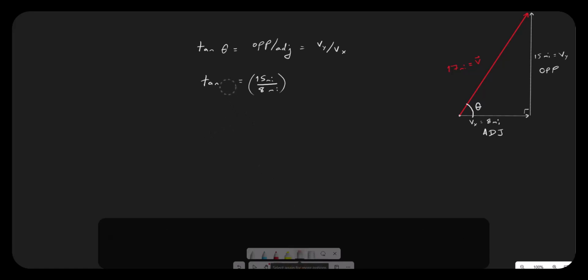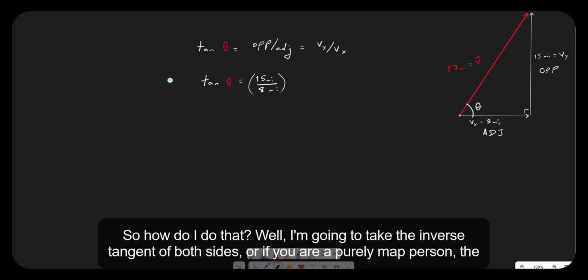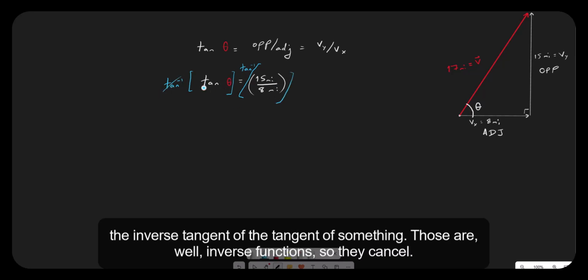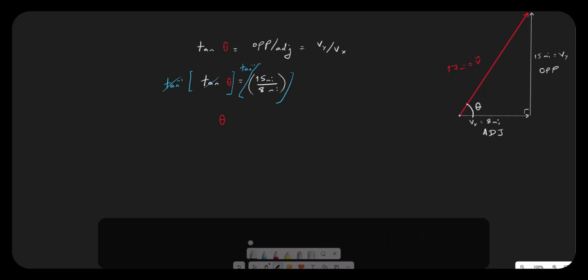What I want is actually the angle itself. So how do I do that? Well, I'm going to take the inverse tangent of both sides, or if you are a purely math person, the arctangent of both sides. Over here, the inverse tangent of the tangent of something. Those are, well, inverse functions, so they cancel.